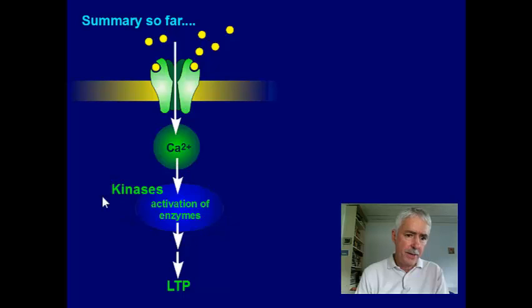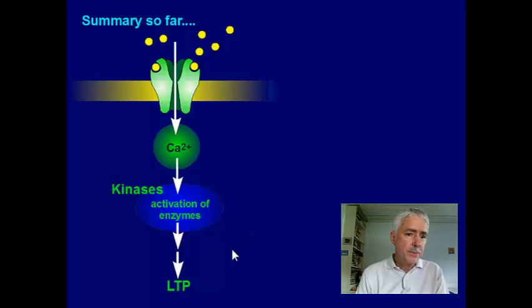Now these enzymes, most of them are in fact a class of enzymes called kinases. And kinases control the activity of other proteins. And in controlling the activity of other proteins, they can ultimately lead to LTP.